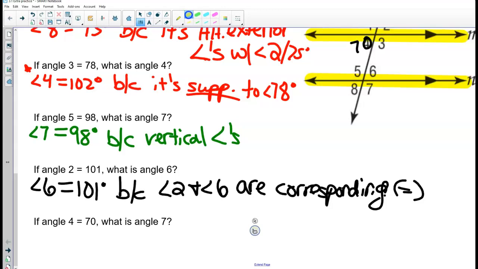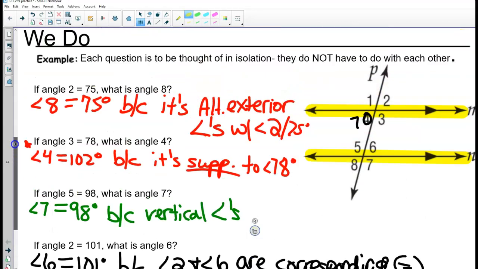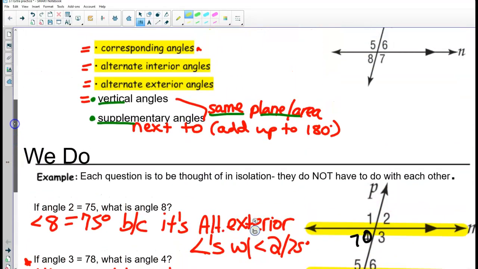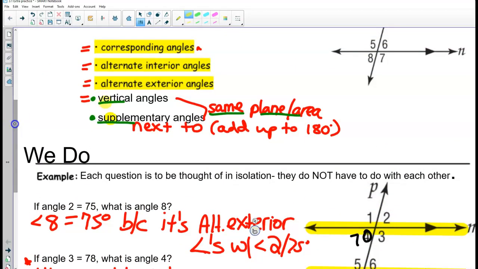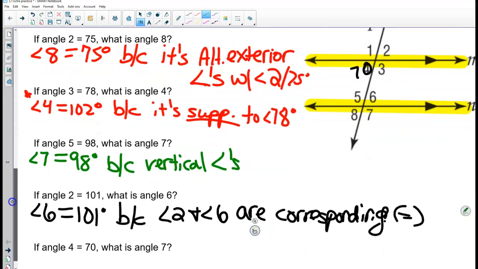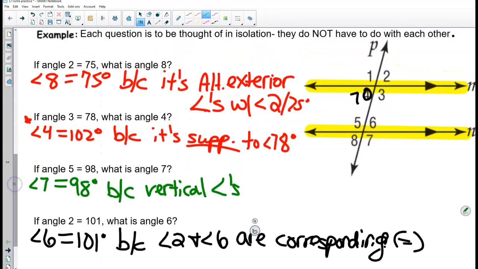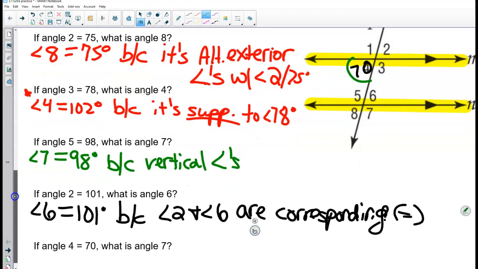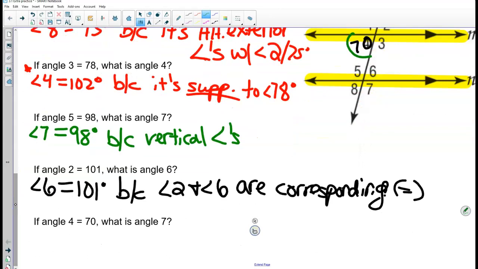Right away when I look at it, I know I can't have vertical or supplementary. I'm going to erase where I put those little dots. But I can't have those because they're on the same plane. This is asking for 2 different things. So 70 is right here, and then angle 7 is right here.